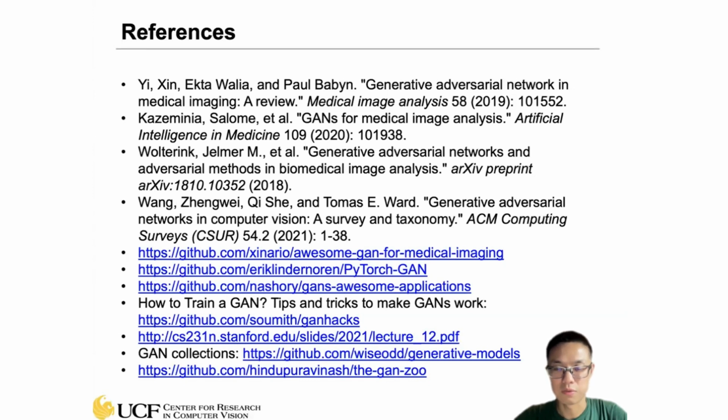So those are also very interesting directions in the medical image computing domain. So there's also, I think, a list of papers using GAN, and using the diffusion model now, to do image generation and segmentation as well. So that may also be something you can look into. Okay.